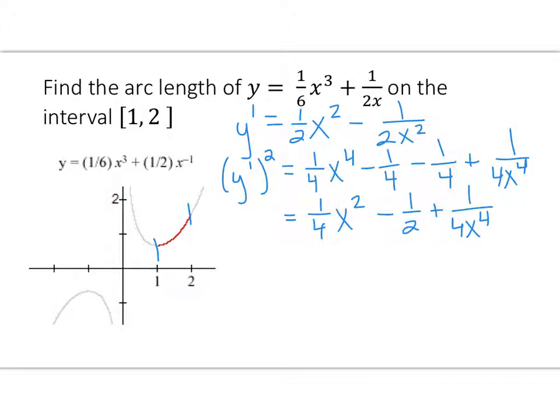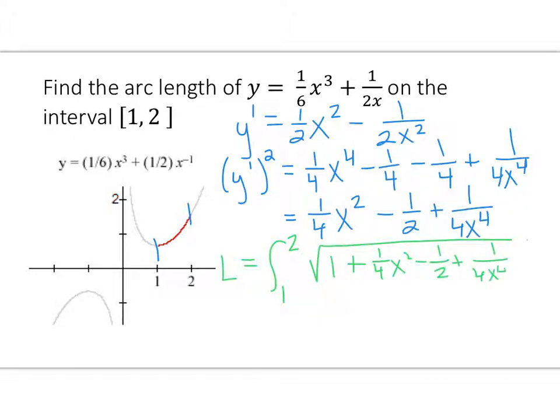So now I'm going to switch colors so we can see it a little bit better. We're finding our arc length. So our arc length is equal to the integral from 1 to 2 of the square root of 1 plus that whole thing. So 1 plus 1/4 x to the fourth minus 1/2 plus 1 over 4x to the fourth dx.